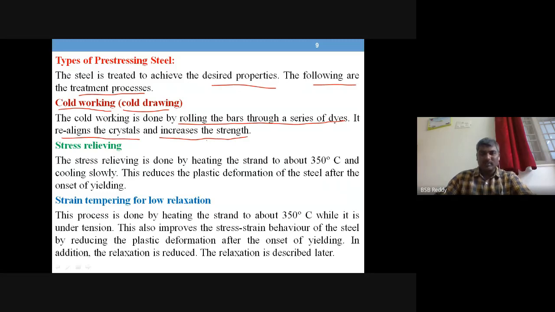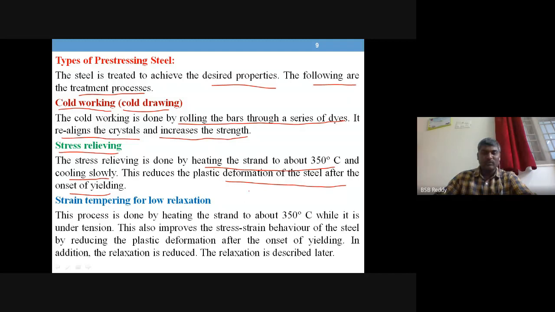That is a process. Then we have the stress relieving process. It is done by heating the strand to about 350 degrees centigrade and cooling slowly. This reduces plastic deformation of the steel after yielding.